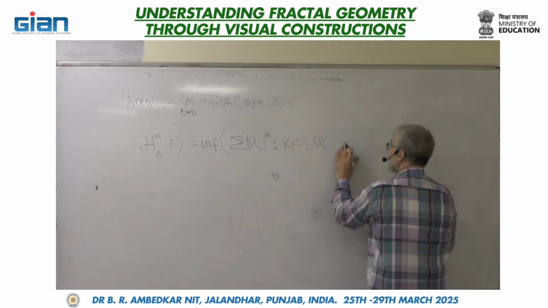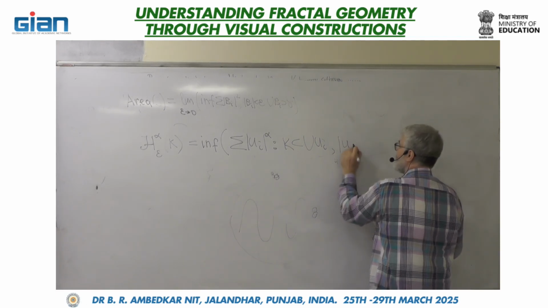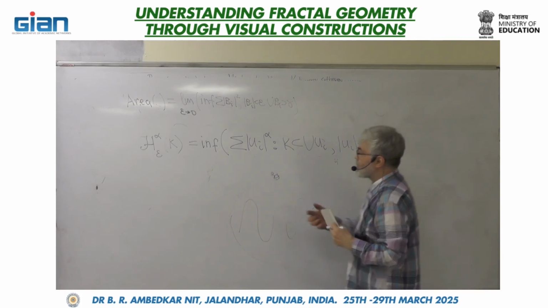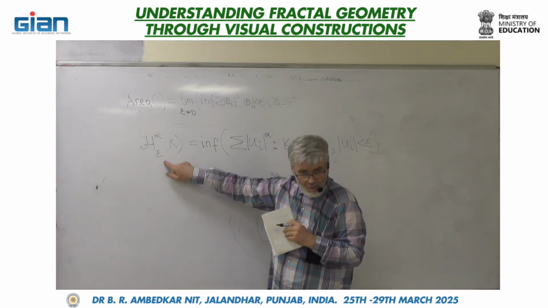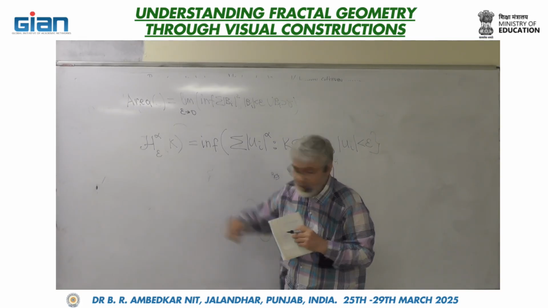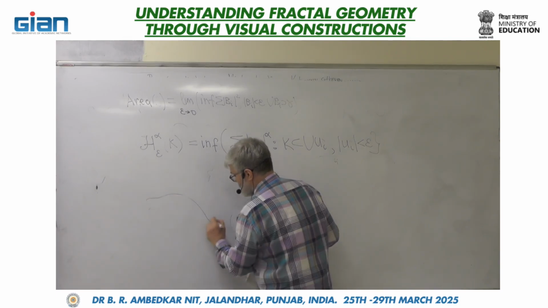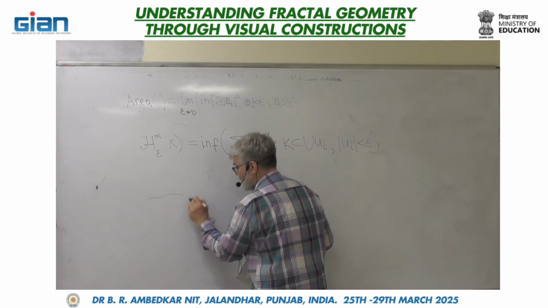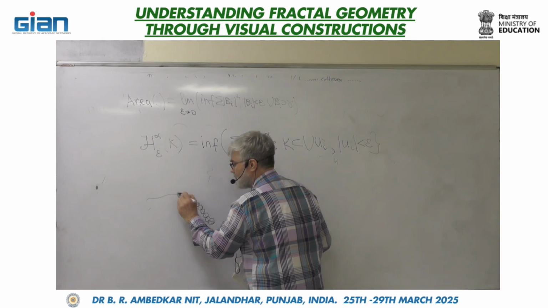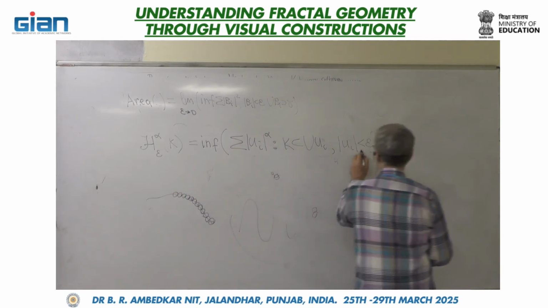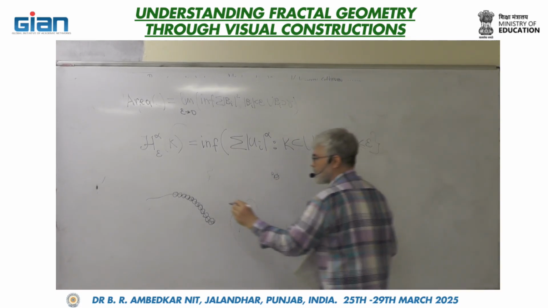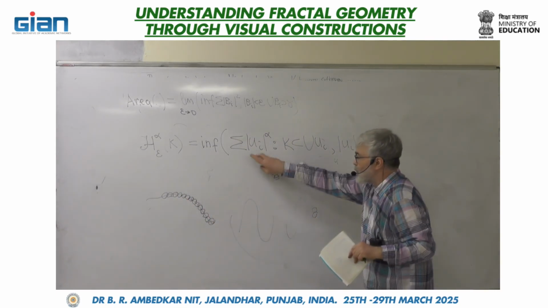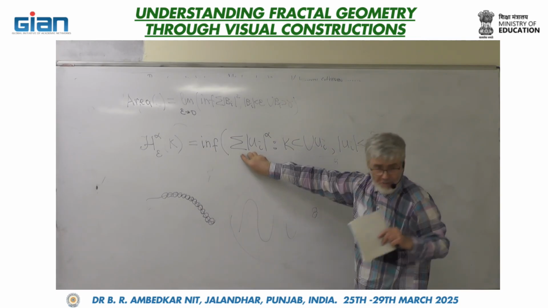And the diameter of U_i is less than epsilon. So we take some epsilon more than 0, yes? And we consider the sets which have diameter less or equal than epsilon. And among all these epsilon covers, we take a lower bound of this value.